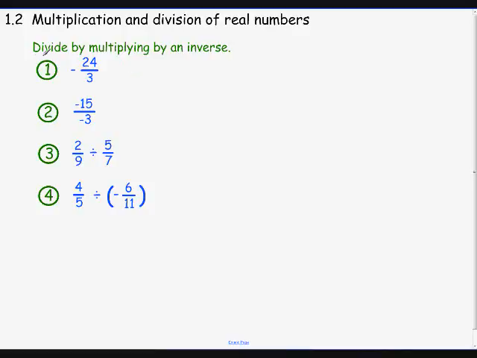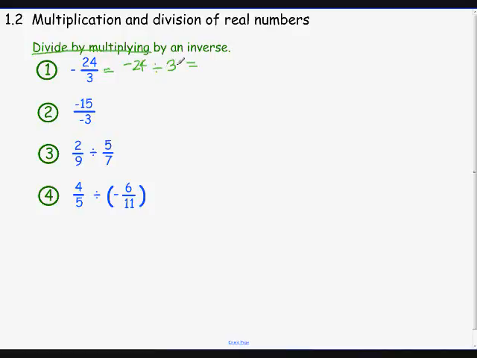Division. And here we're going to divide by multiplying. Okay, let's write it out as a more obvious division problem. Negative 24 divided by 3. Isn't that what this says? So remember what we did back in elementary school?